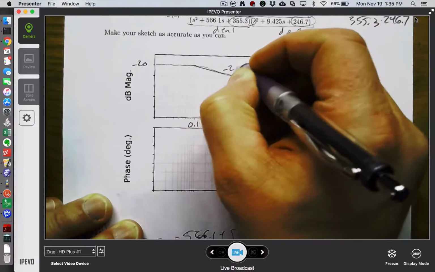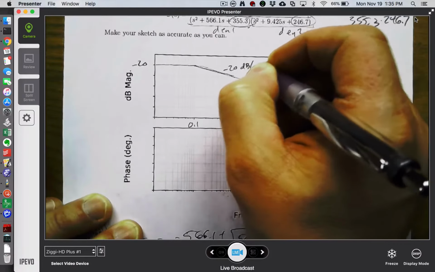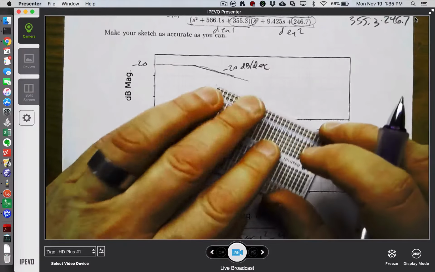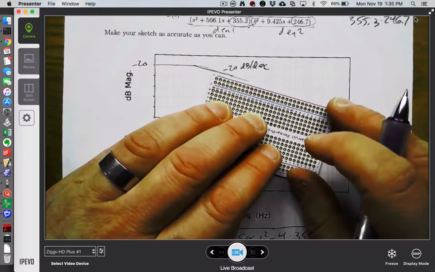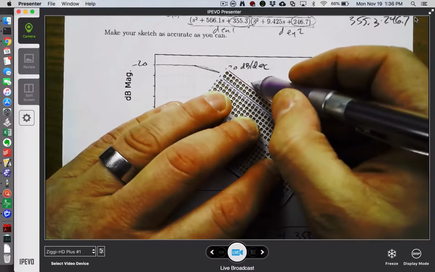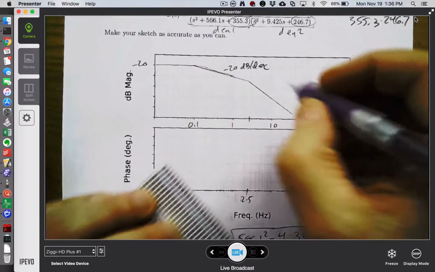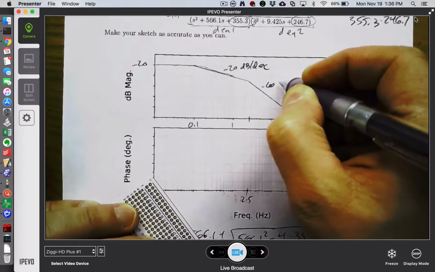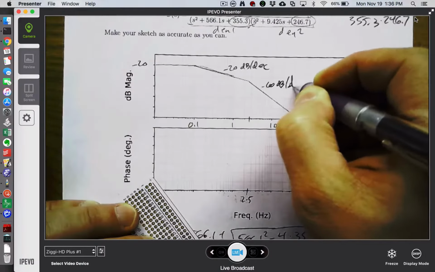So in this stretch, I'm at negative 20 dB per decade. Then at that point, I would drop down to negative 60. I might not be drawing this perfectly to scale. So here I'm at negative 60 dB per decade.